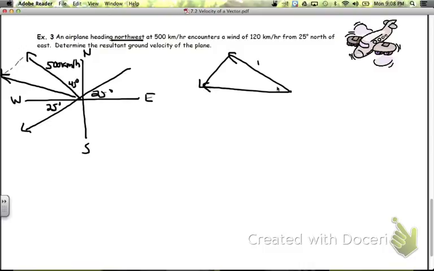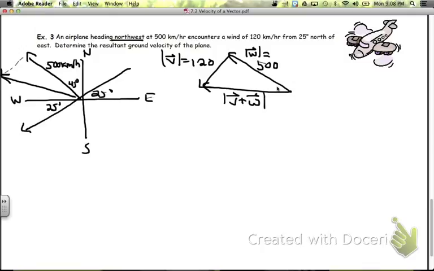This here is our 500, and this here is our 120. We're going to call this our vector V, and this will be our vector W. So this vector down here, our resultant vector, is V plus W.